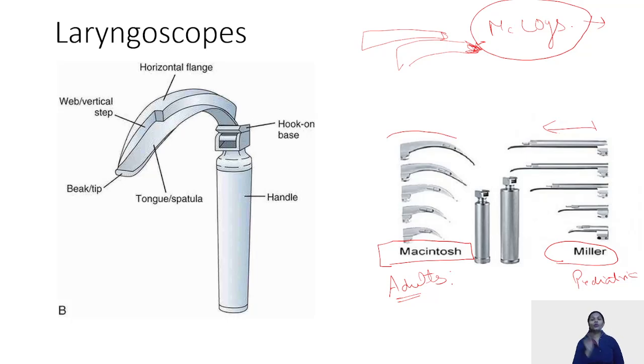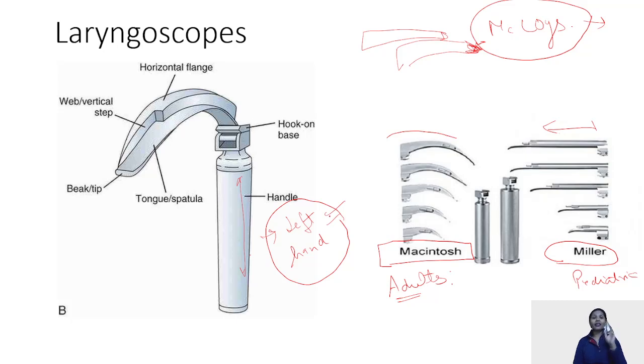Now, coming over to the conventional laryngoscopes, you have a handle to hold. Generally, when you are intubating the patient, the handle is held in the left hand. This is something which is asked.